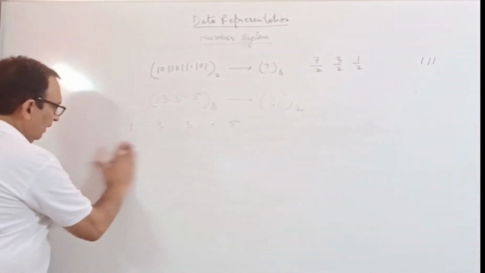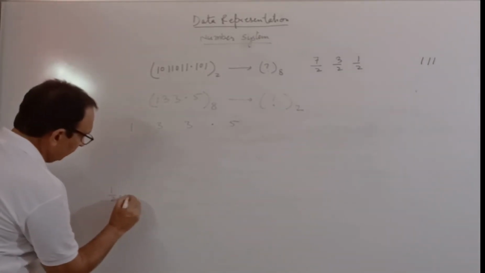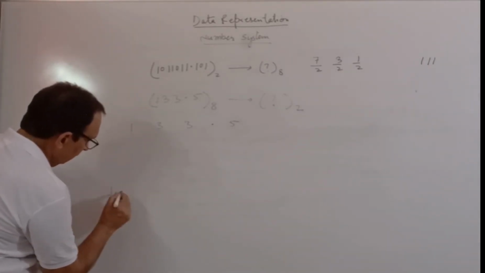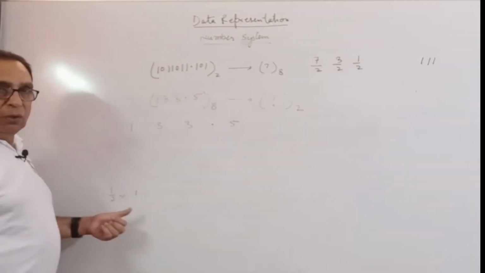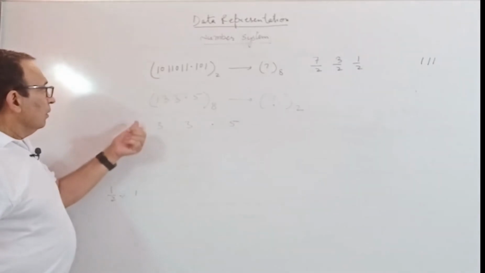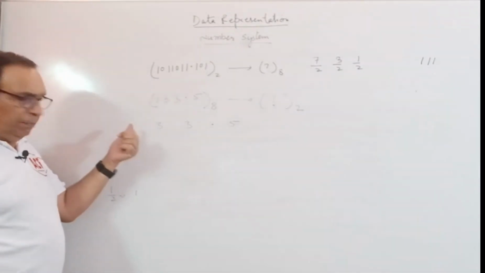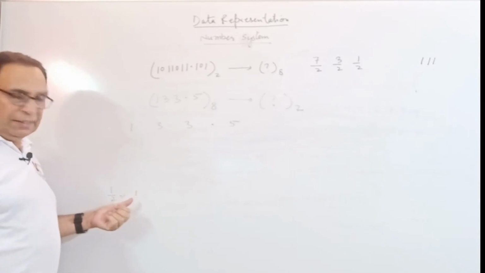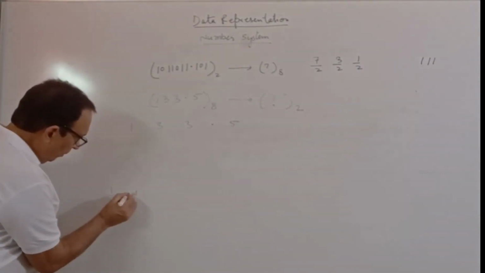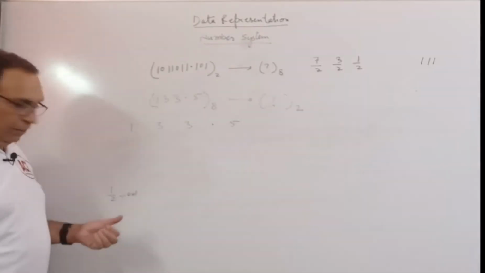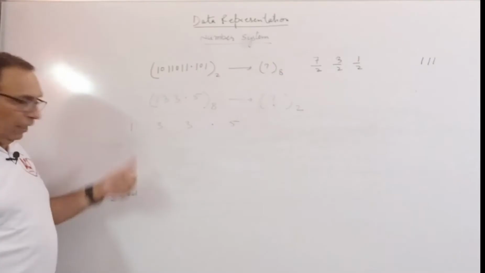So let me write it a little below here. You know octal number or octal digit is represented by a group of 3 bits. So to make 3 bits, what you do? Put two 0s before 1. So it has become equivalent of 1 octal number.